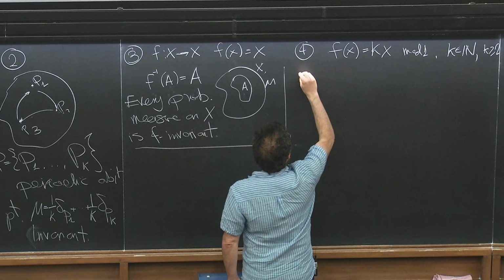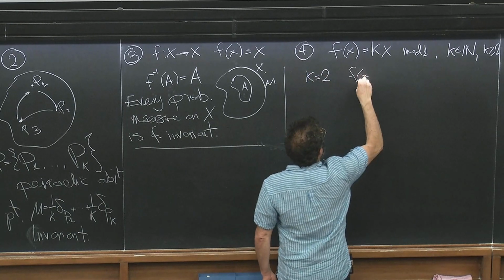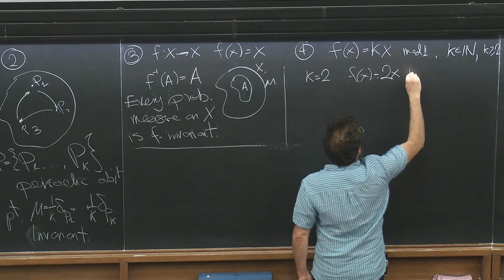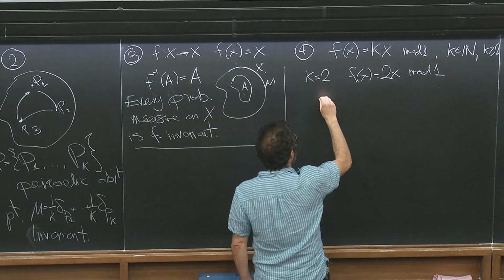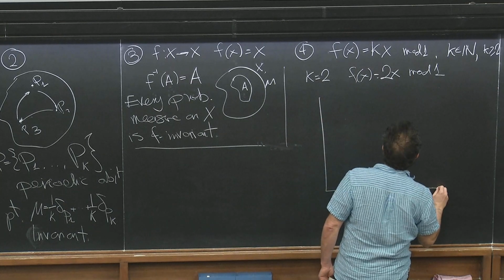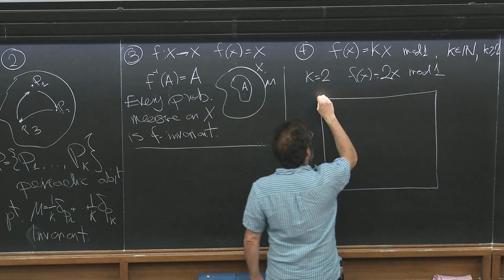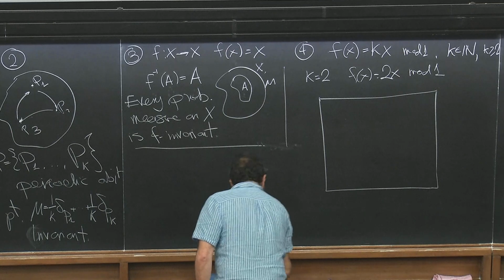So for example, for k = 2, we have f(x) = 2x mod 1. Now in this case, it's useful to draw the graph.